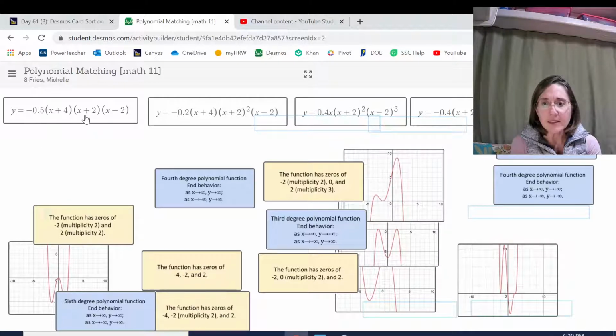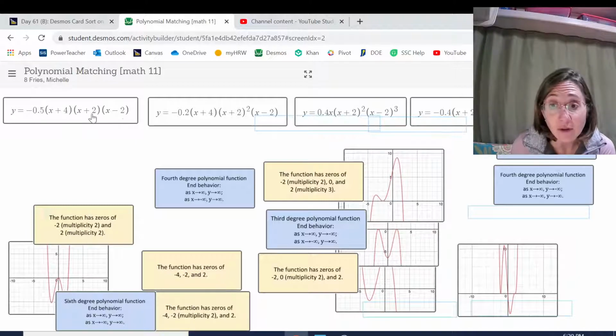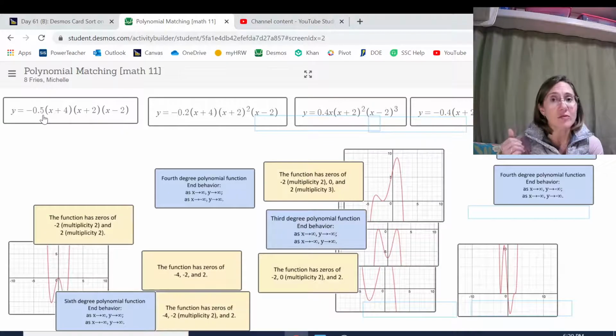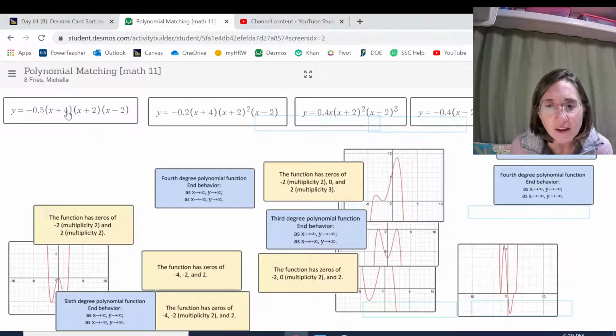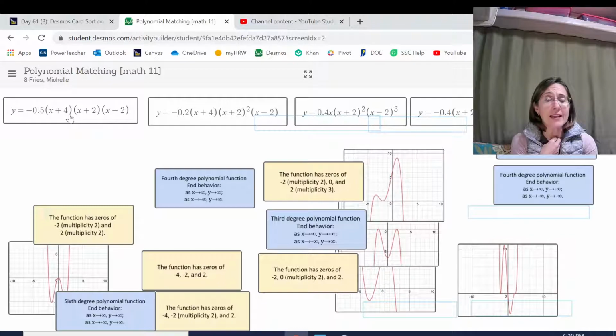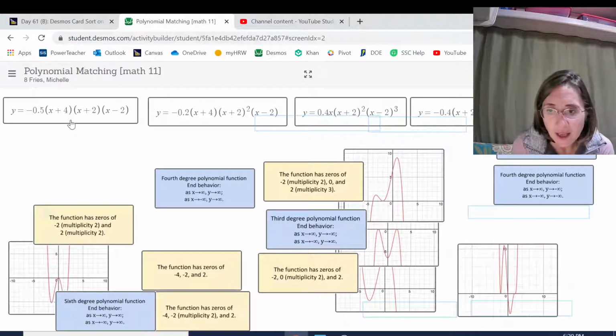So if I'm looking at this first card here, it's in factored form, so that means I can pull the roots from it, the intercepts, the x-intercepts. So if I look at this first factor, it says x plus 4. Well, I know that the root that would go with that is x equal to negative 4. So I want to find a card, and I think I would look at the yellow cards next if it was me.